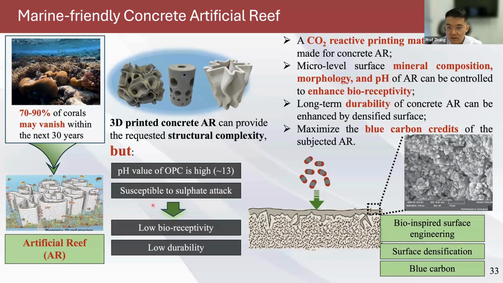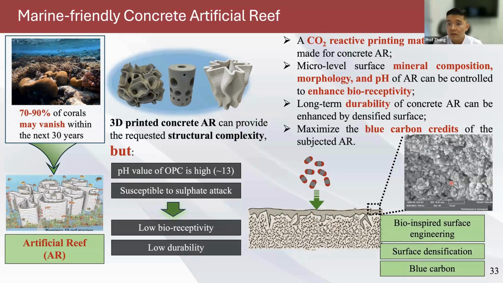So at our 3D Printing Research Center, we created a CO2 reactive printing material. By using CO2 to create calcium carbonate surfaces on the coral reefs, we can control the mineral composition, morphology, and pH. And calcium carbonates are actually abundant mineral phases in the ocean. Coral reefs, oyster shells, and clam shells are all made of calcium carbonate.